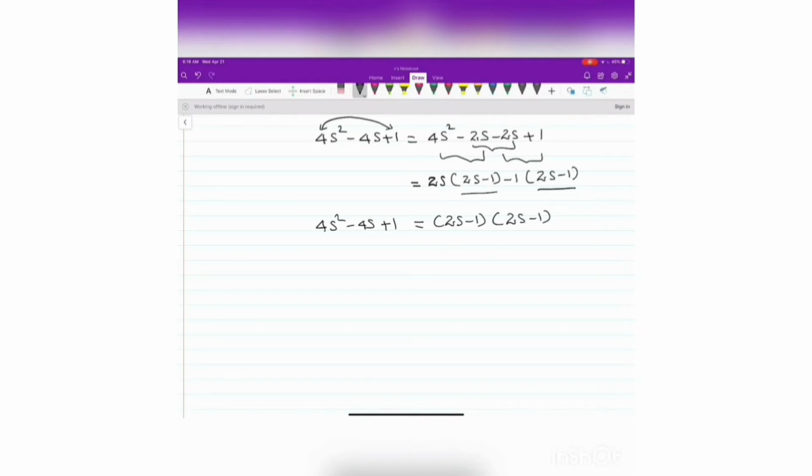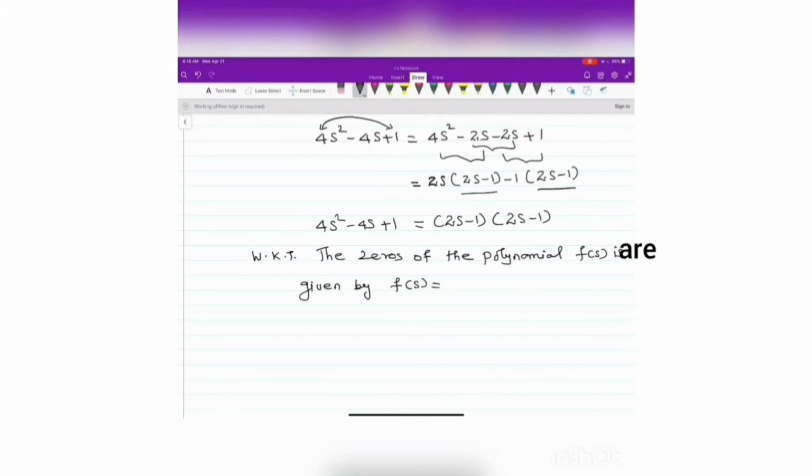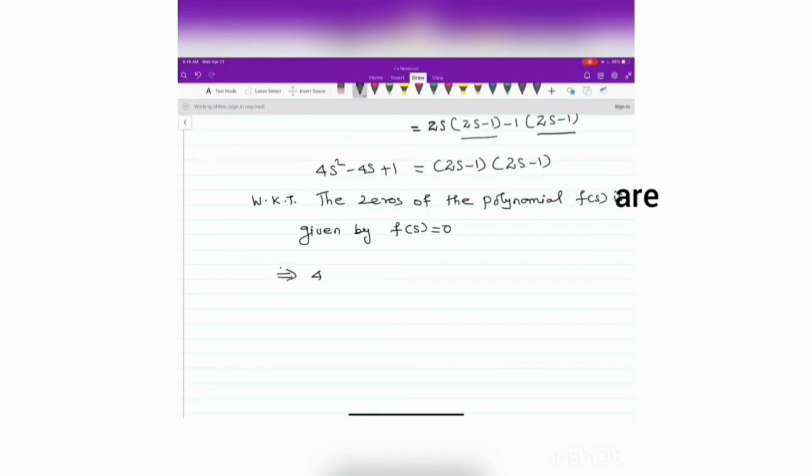Now we know that important statement, we know that the zeros of the polynomial, you have to be careful, here the polynomial is in s. So f of s is given by f of s equal to 0, 4s square minus 4s plus 1 equal to 0.